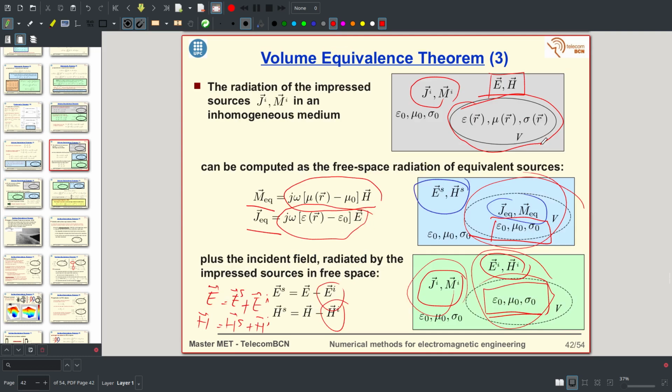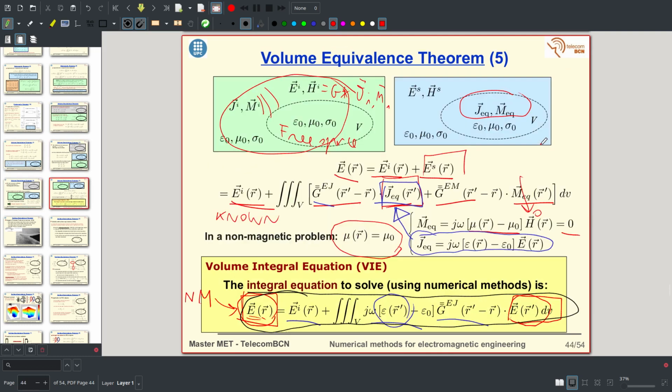Now we have learned that we can set an integral equation that includes the information of the object and the Green's function, and the unknown is the electric field in the presence of the object.